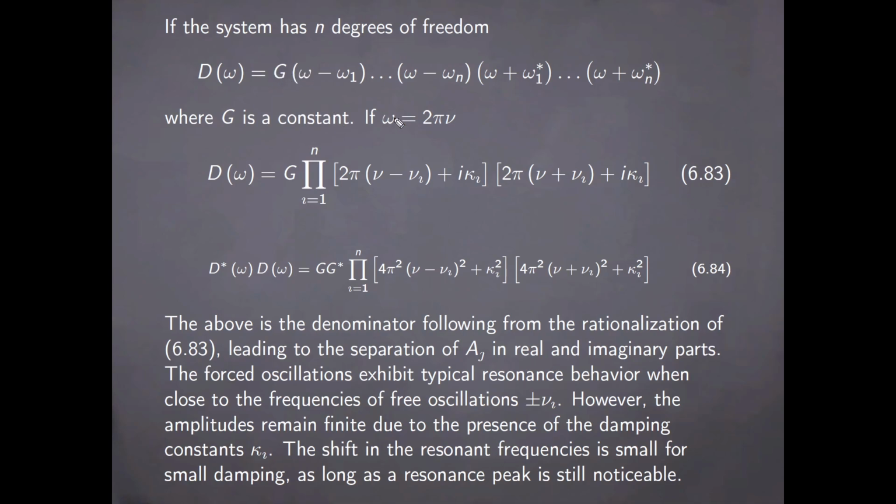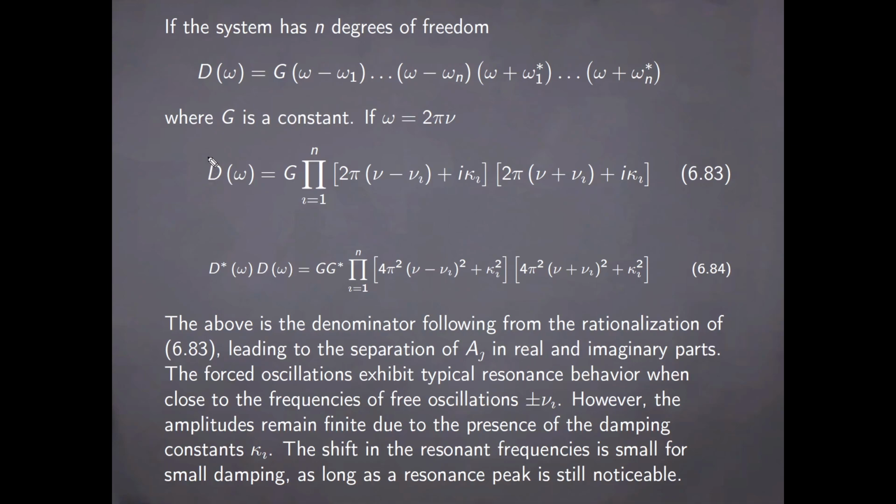And if the frequency omega can be represented in this form, then we can write this expansion as the kind of products shown here, in terms of this expression for omega and the expansion of omega of the resonant frequencies in terms of their real and imaginary parts.